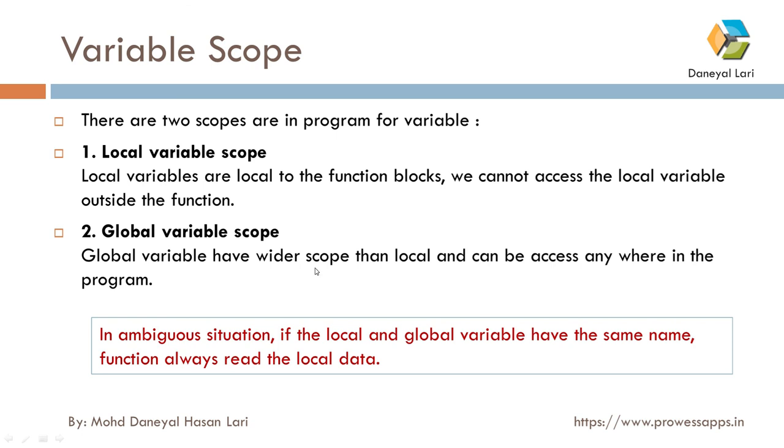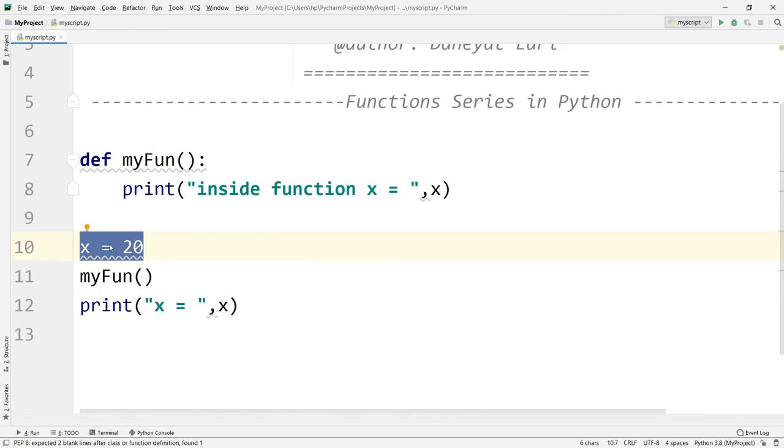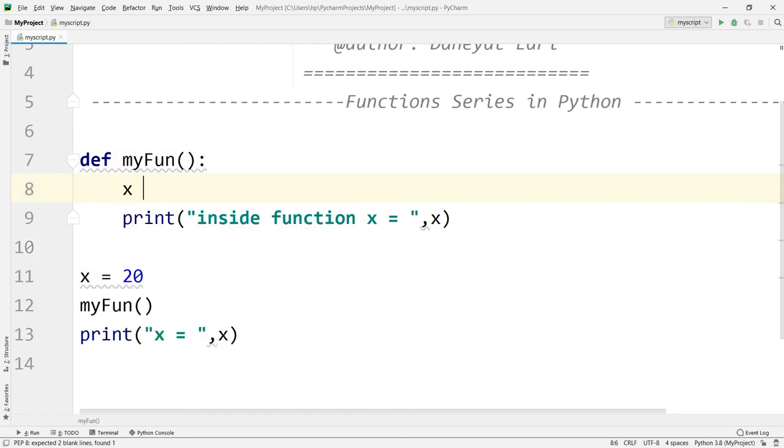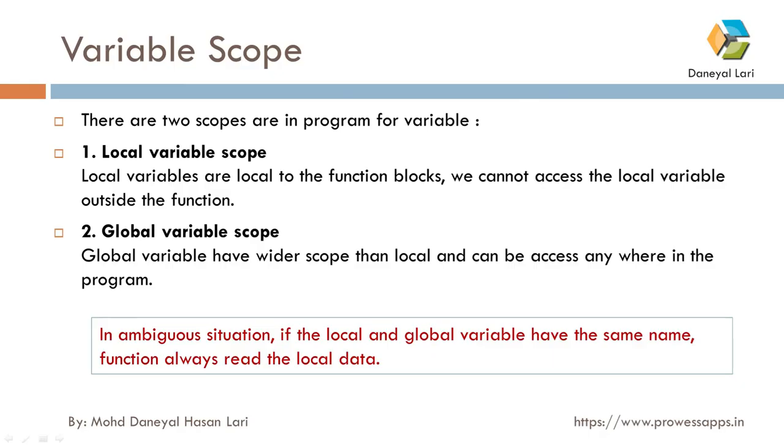But there can be one ambiguous situation. So let me clear that one. For example, this is a global variable and you are declaring the same variable inside your function. Okay, so the local variable name and the global variable name are the same. So in this case, what will happen? Just remember this one.